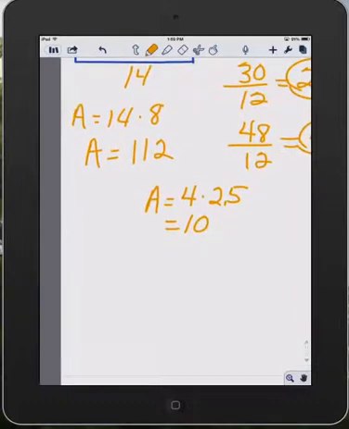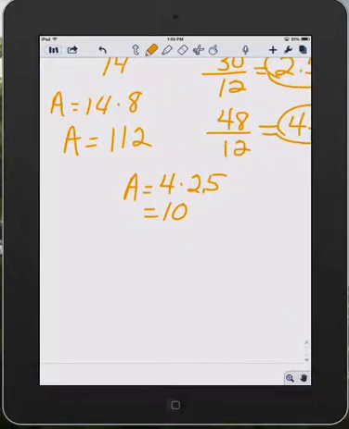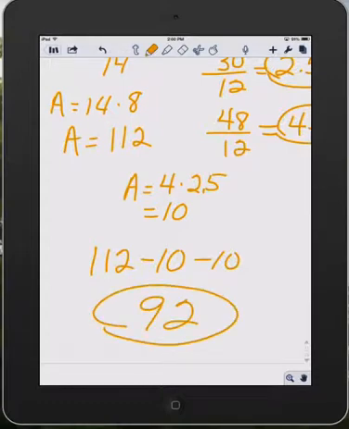But we have two rectangles representing 2 windows, so the area that's going to be painted is 112 minus the first window and also minus the second window. So we have 112 minus 20, which equals 92, which is the square footage. 92 square feet is the answer to the question.